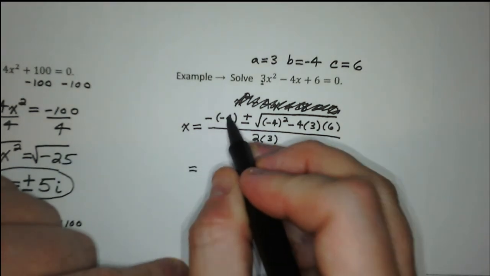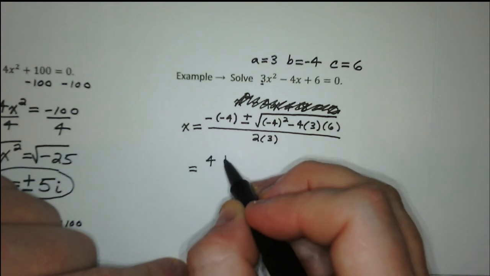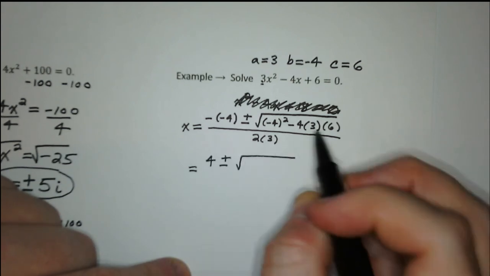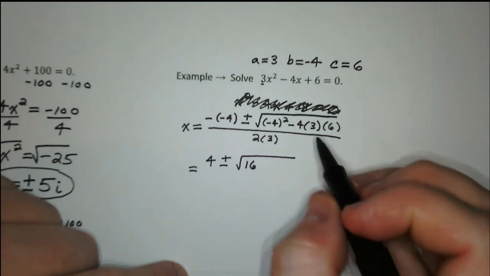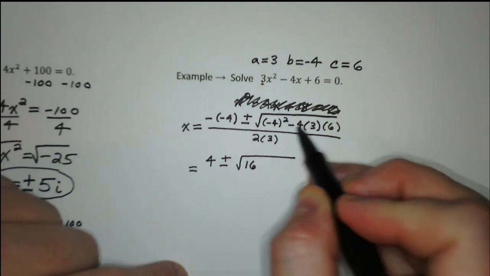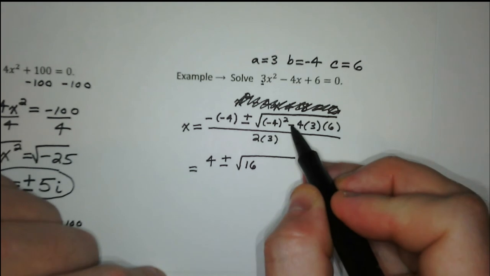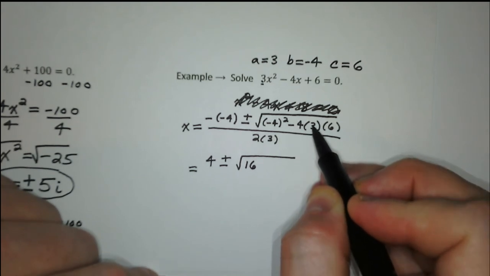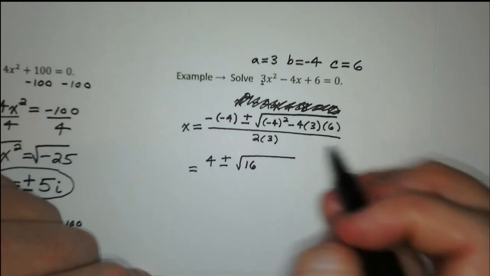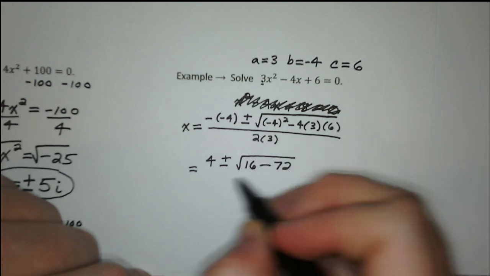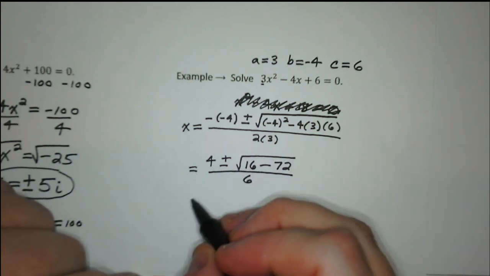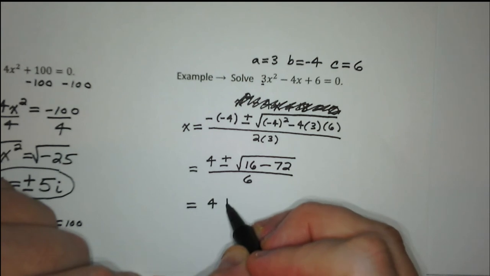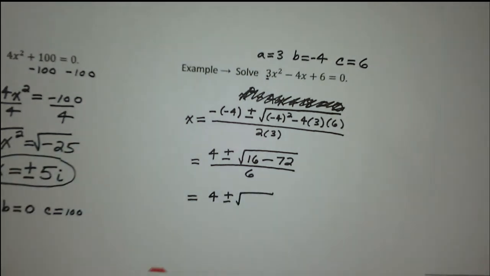So the opposite of negative 4 is positive 4, plus or minus the square root of negative 4 squared, which is positive 16, and then minus, or as I usually think of it, a negative 4 times 3 is negative 12, times 6 should be negative 72, I do believe. And then 2 times 3 is 6. So 4 plus or minus the square root of 16 minus 72, over 6.